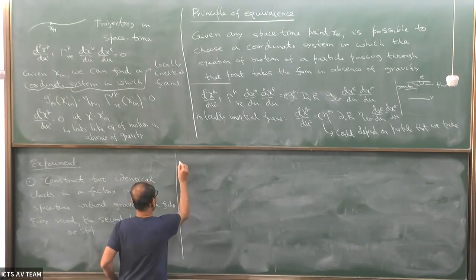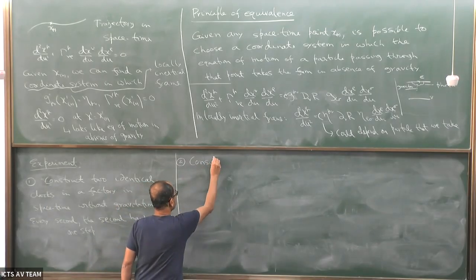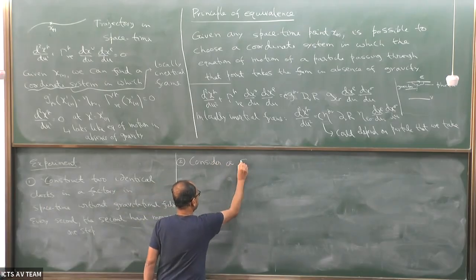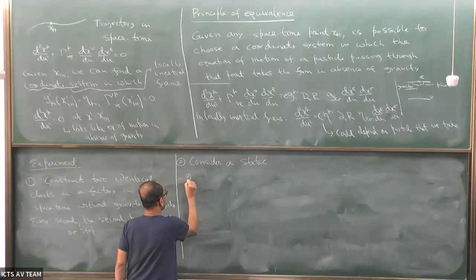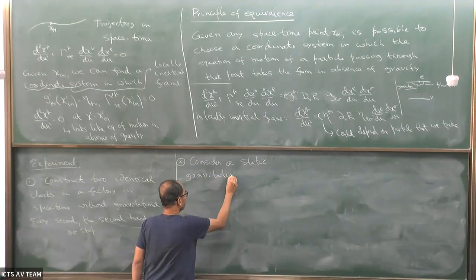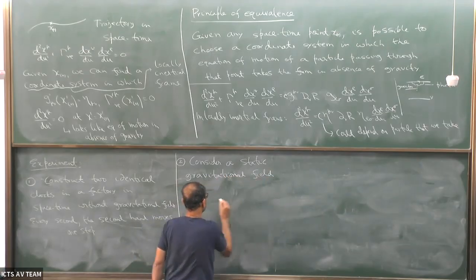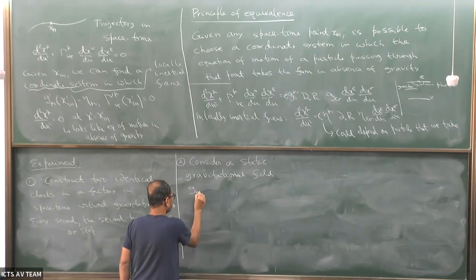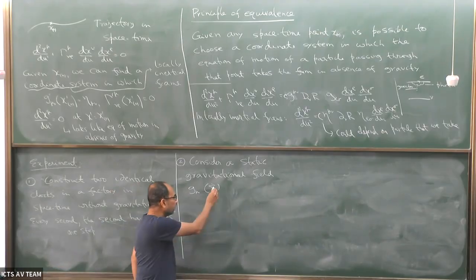The second step is to consider a static gravitational field. Notice that G mu nu can depend on the spatial position but not on time.